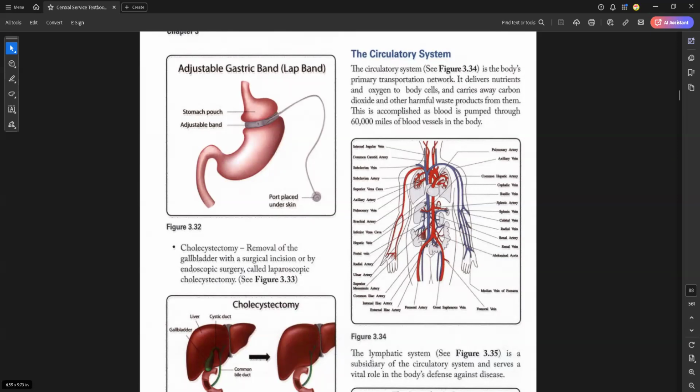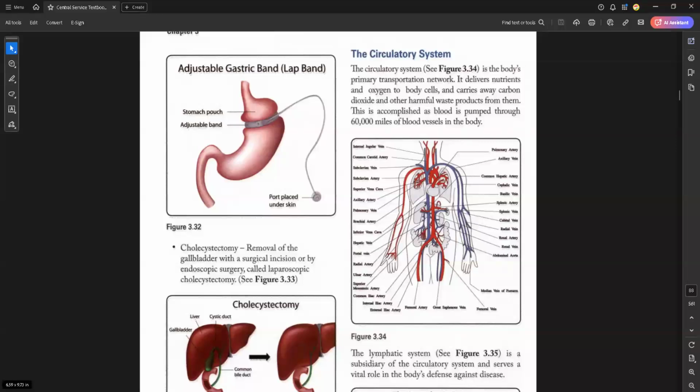We call that lap chole. So when you are working in the surgical or SPD, it's lap chole. That's laparoscopic cholecystectomy. Now let's talk about the circulatory system.